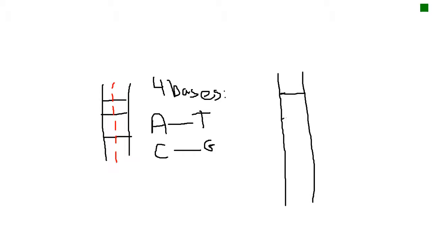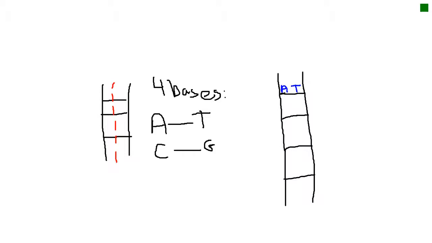Actually, we'll just do it this way. This segment here, okay, we'll do that. And if we look at the chemical here, we notice that it is adenine. So if it's adenine, what's going to be on the opposite side here? That's right, thymine. It's going to be thymine.